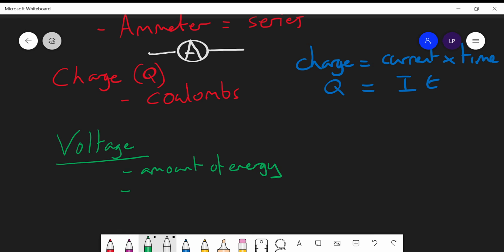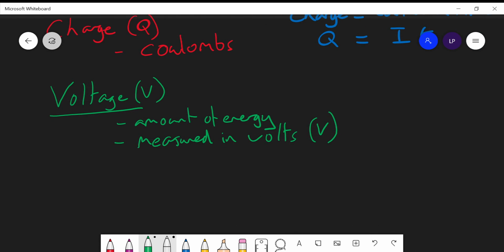And it's measured in volts, which is represented by the letter V. And also voltage is represented by the letter V. So we commonly look at voltage when we see how much volts are being consumed by a component in the circuit. So we can also describe voltage as potential difference.